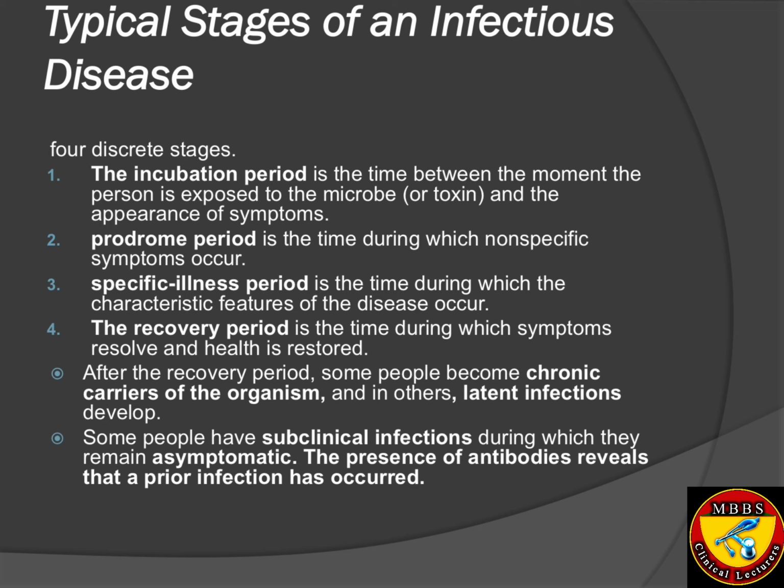After recovery there can be cases of latent infections in a limited number of infections. Latent infection is a hidden infection. It is a property of certain microorganisms which develop subclinical infection during which they remain asymptomatic, and the presence of antibodies reveals that a prior infection has occurred in that organism.